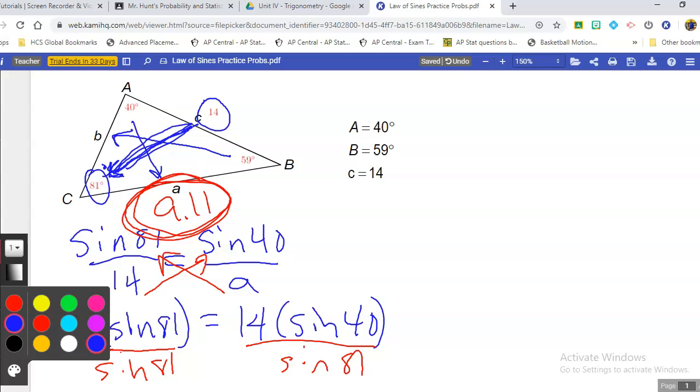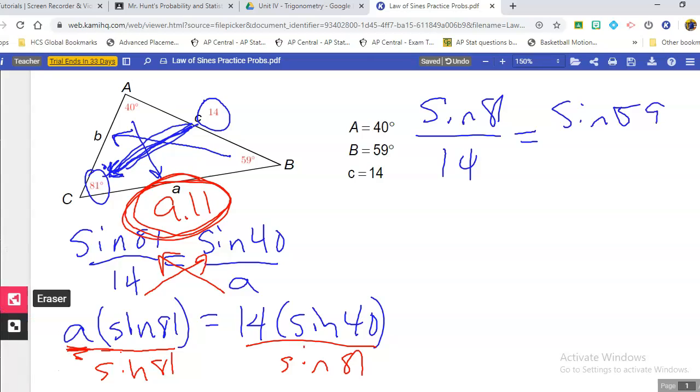But we'll say that the sine of 81 over 14 is equal to the sine of 59 over B. Ooh, that was messy. I'm going to have to erase that because I'm a little bit of a perfectionist there. Sorry.